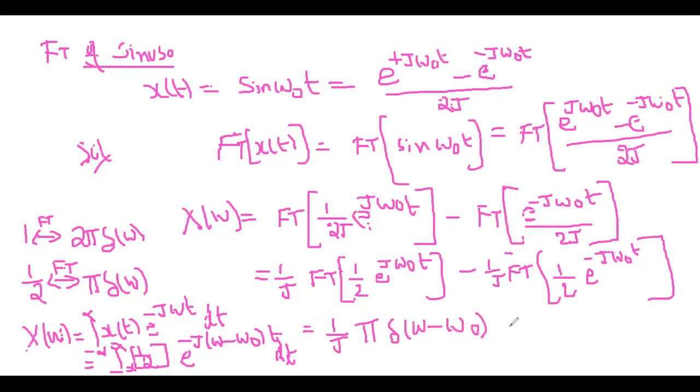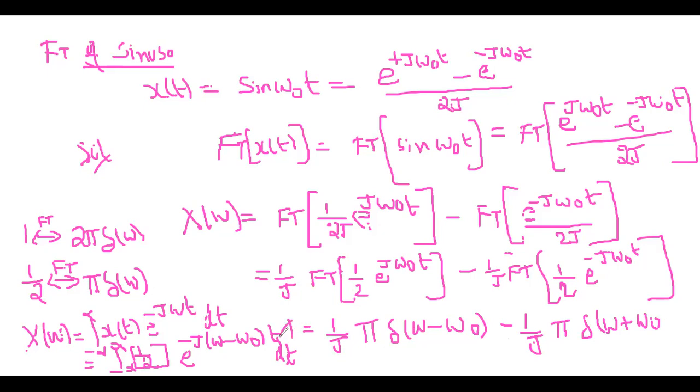Minus 1 by j into, it is also similar, but here there is a minus. Minus means now it is a plus. So e power minus j omega naught t, take the minus as common, it becomes a plus, pi into delta of omega plus omega naught.